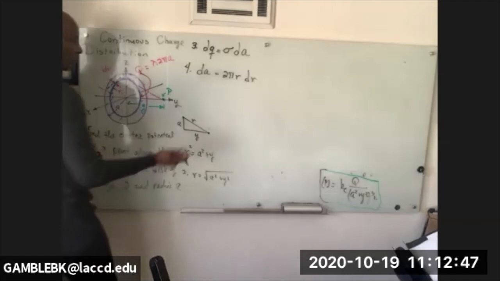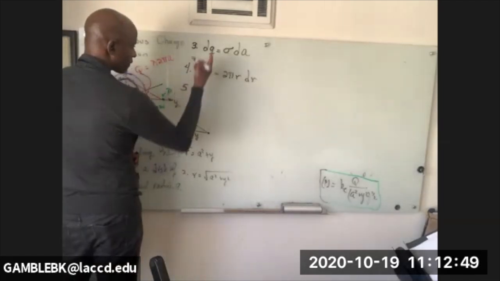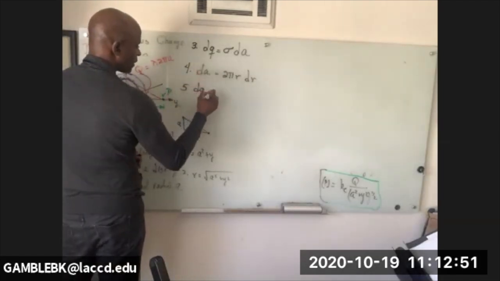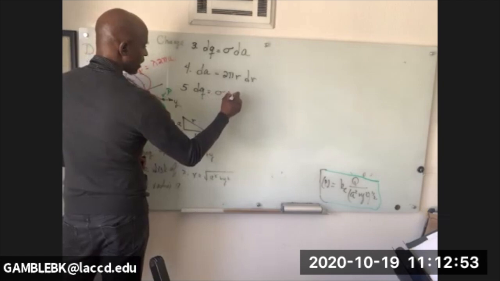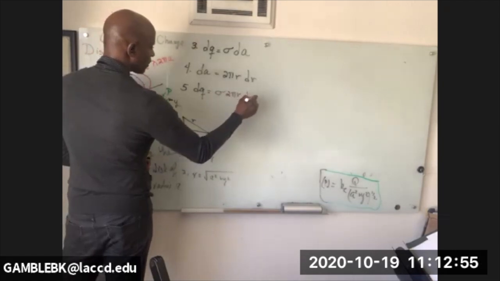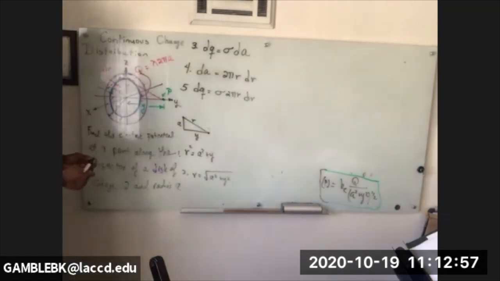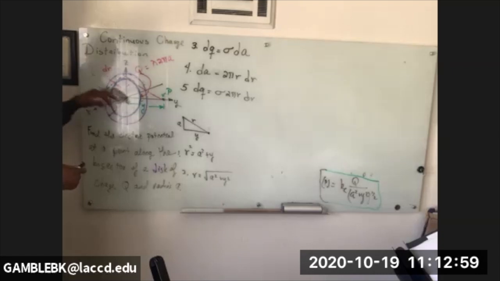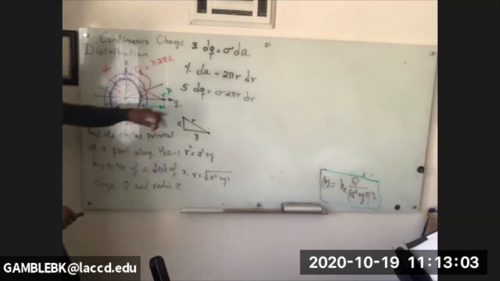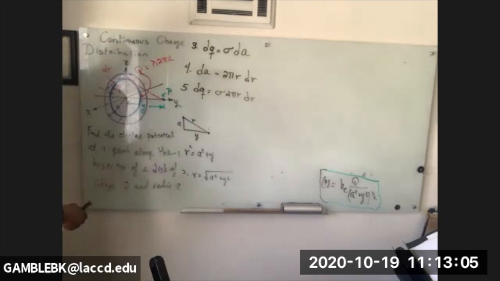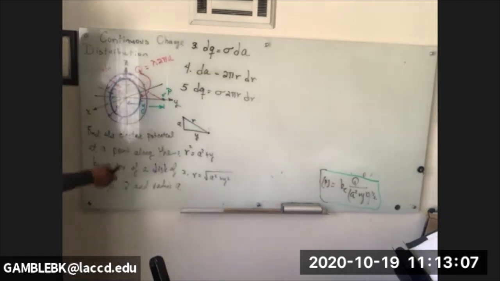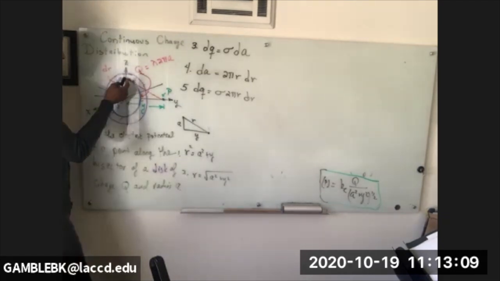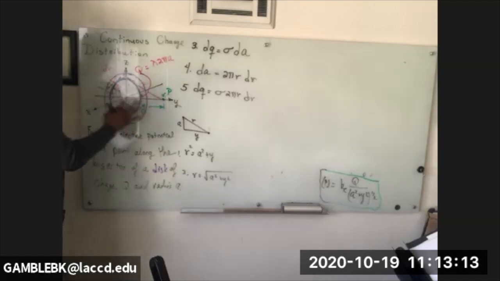So then dq, if I stick 4 into 3, dq is equal to sigma times 2 pi r dr. And r will go from 0 to a. And so now we use sigma to convert, because otherwise we would have to take theta also, which would give us a double integral because it's an area.